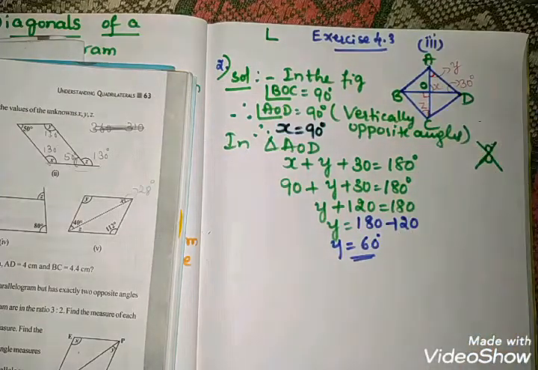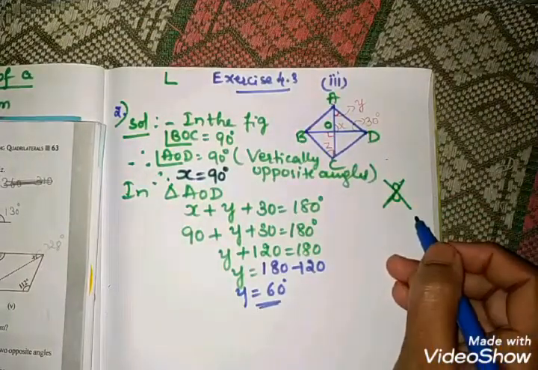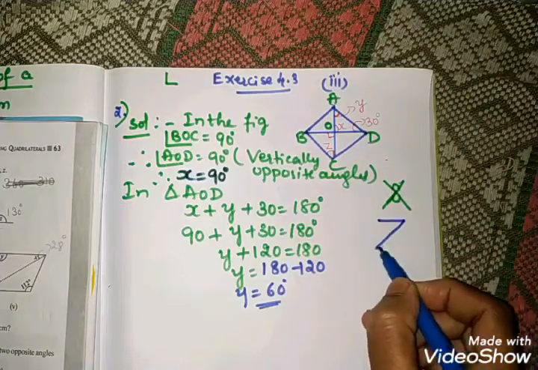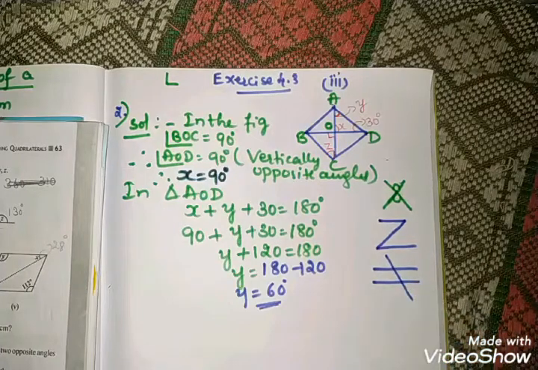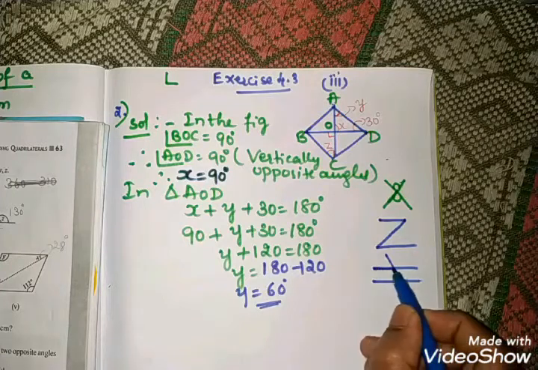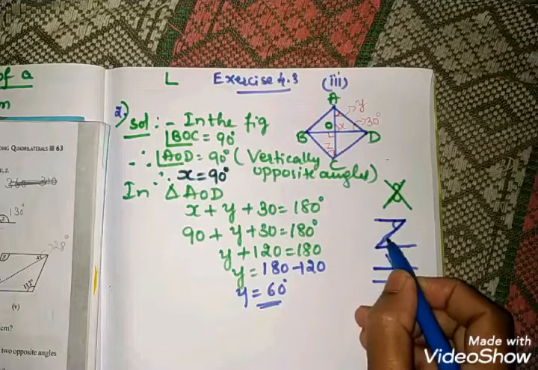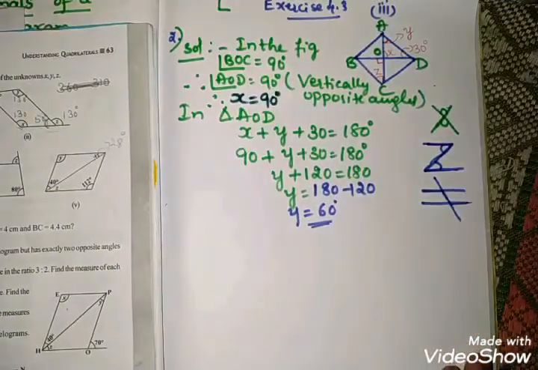And observe, children, when two lines are intersected by a line segment like this, we sometimes get a Z-shaped angle. Here you can see a Z-shaped angle. Always these two angles are equal. In your 7th standard you studied, I hope.